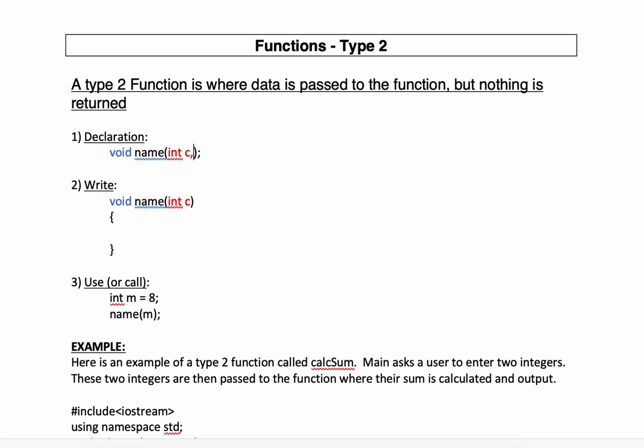Let's say I was sending this an int and a char, so this would be char m.